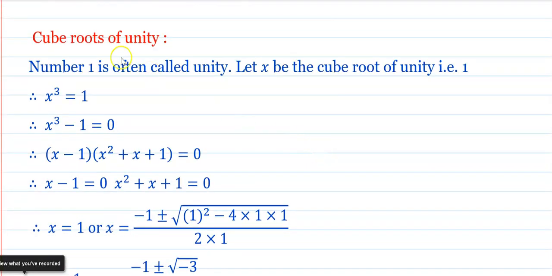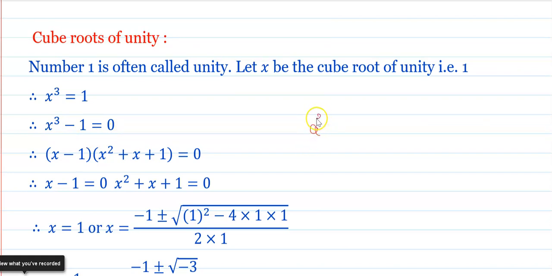Now next, cube root of unity. Number 1 is often called unity. Let x be cube root of unity, that is 1. Therefore, here x cube is equal to 1. X cube minus 1 is equal to 0. Now here we will apply the formula. What is that formula?